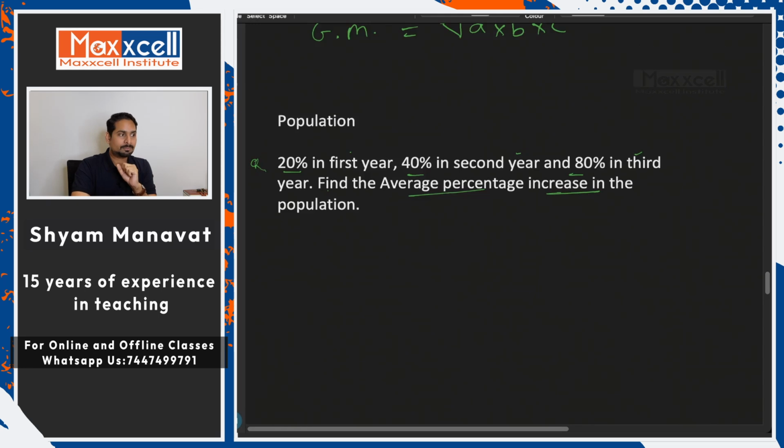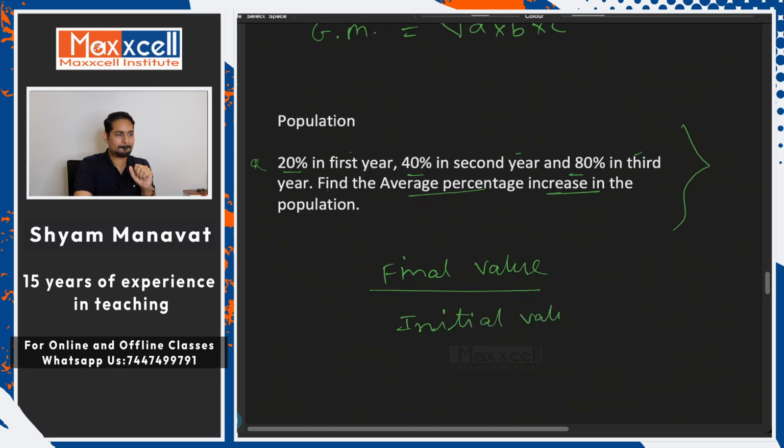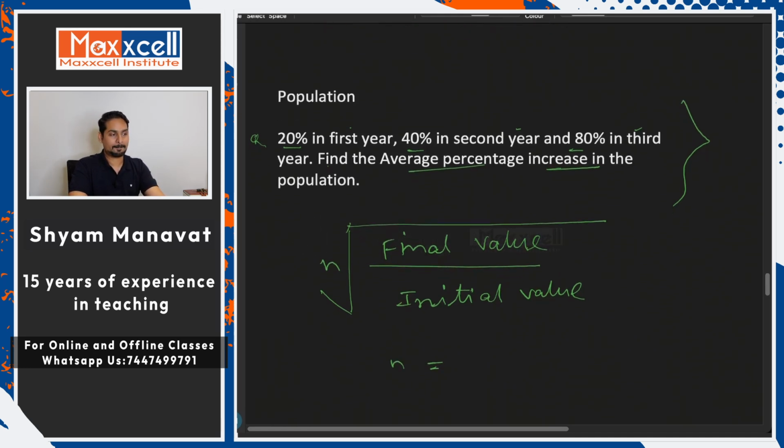Okay, so first of all, when you have this situation, it has to be solved with the geometric mean. Here you should see the final value divided by the initial value, and you calculate the nth root, where n is equal to the number of periods in this tenure.